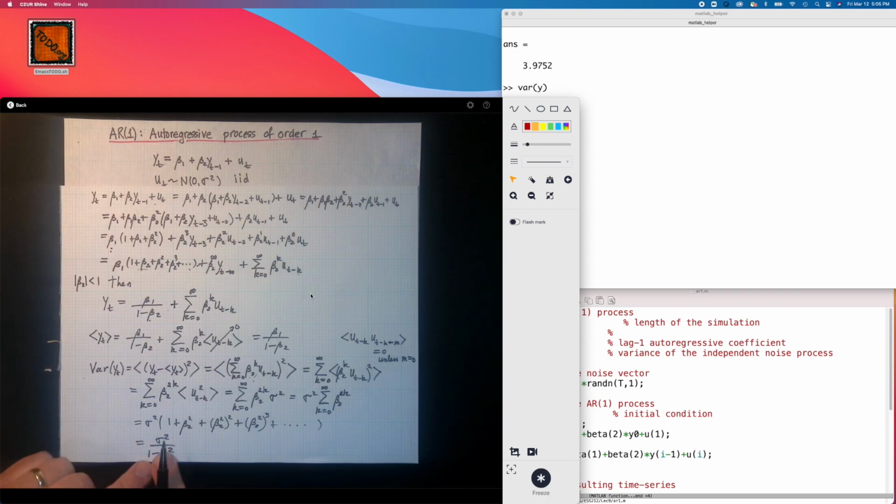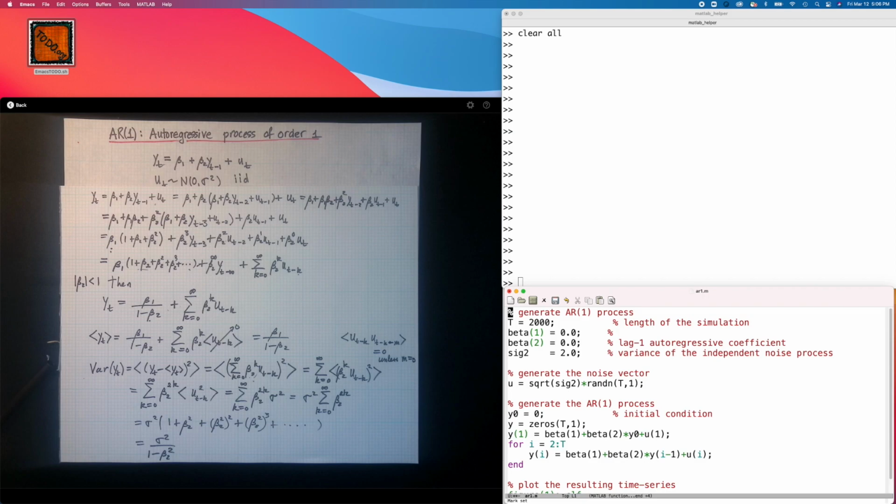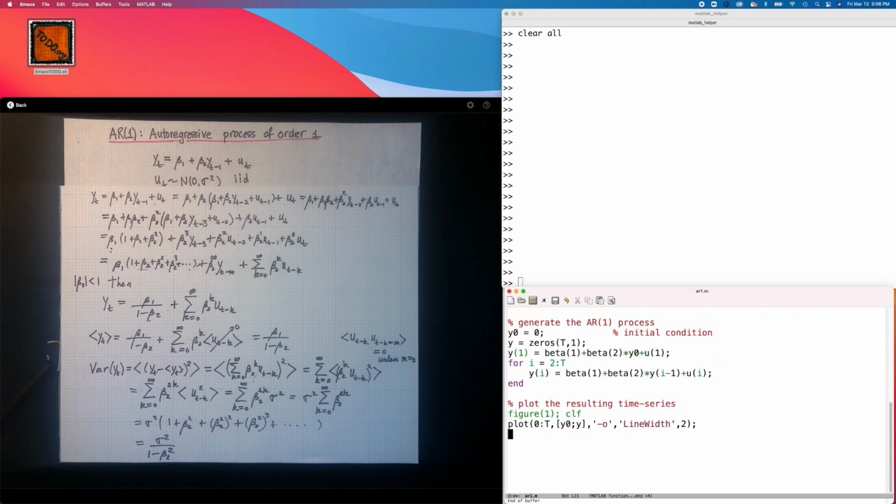So let's go to the computer and check if these actually work out. All right, so we have a time series. We've set beta 1 and beta 2 to be 0 to get started. And now we're going to add dashed lines at plus and minus 1 standard deviation from the mean, and we'll also add a solid line where the mean is.